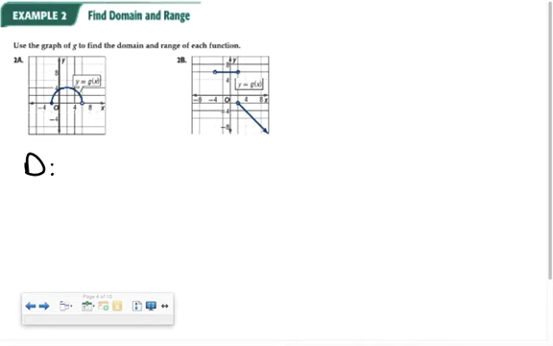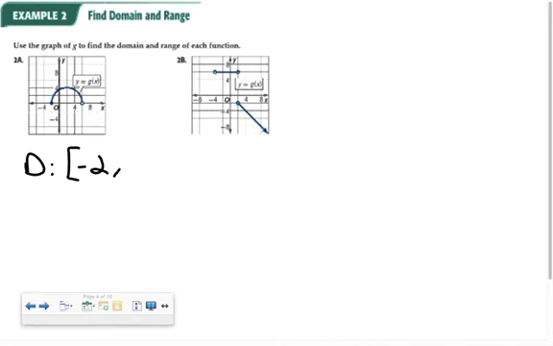So for part A, what I would like you to notice is that if I go any further left on my graph than -2, there's nothing else happening. So my domain starts at -2. So I'm going to use this in interval notation. And since that is a closed circle at that -2, I'm going to put the bracket there.